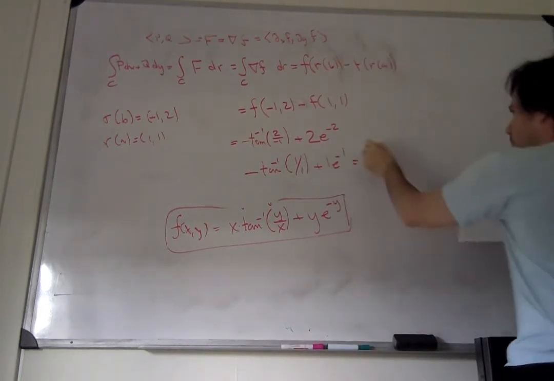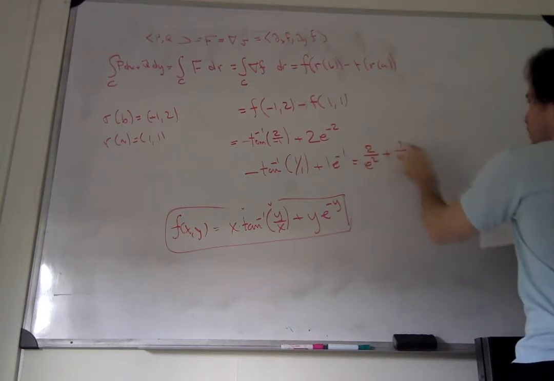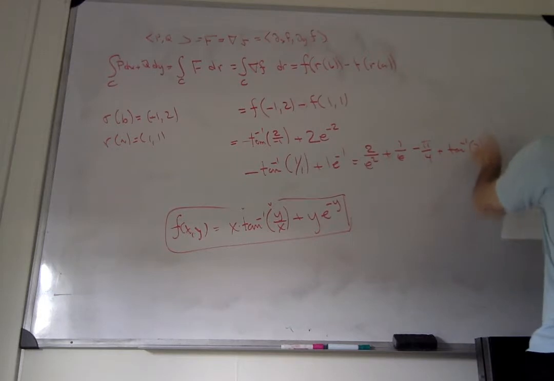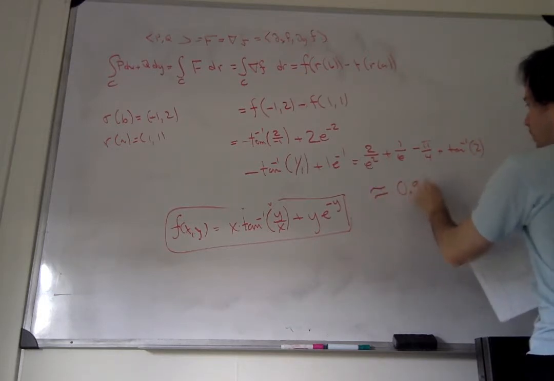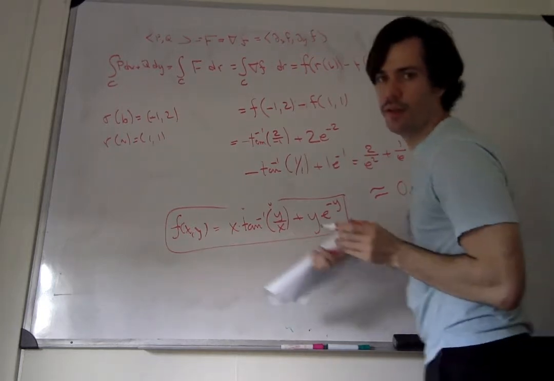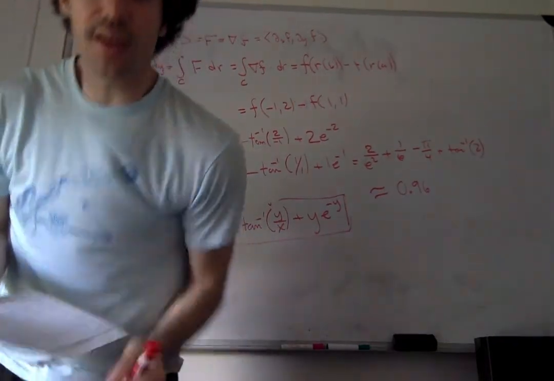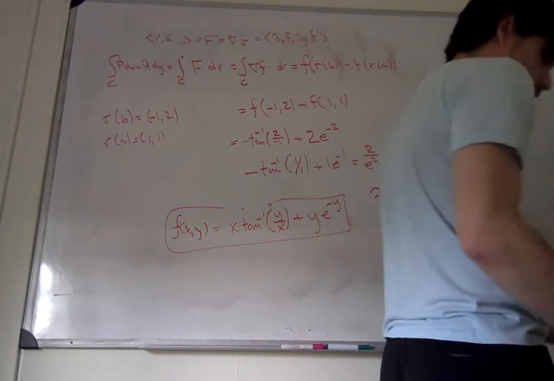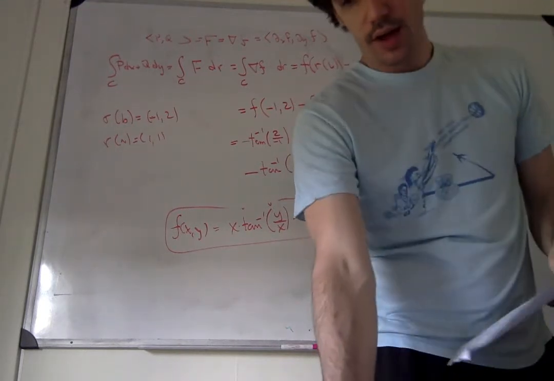This is going to equal 2 over e squared plus 1 over e minus pi over 4 plus arctan of 2, and this is approximately equal to 0.96. Okay? It's about 1. This whole thing was just a really fancy estimation of 1. Okay, so that's it for that exercise.